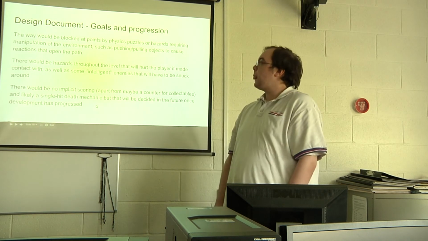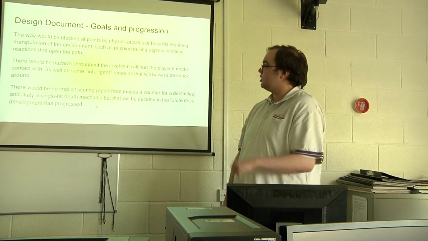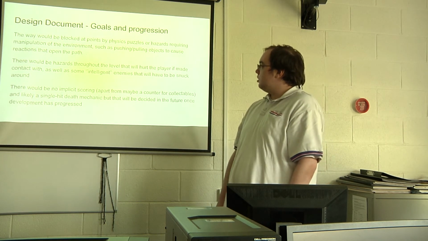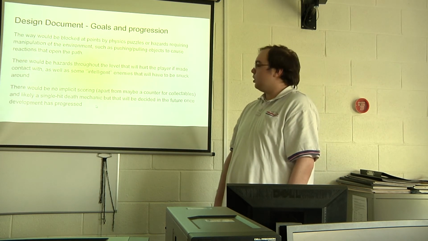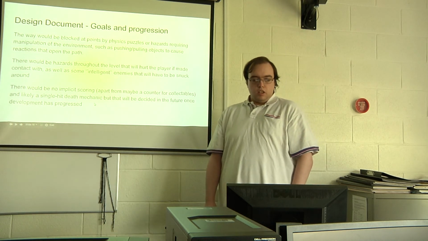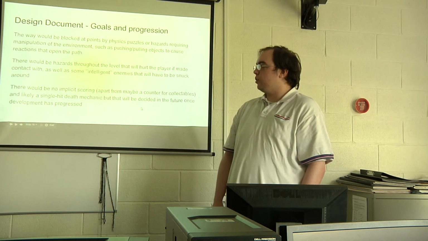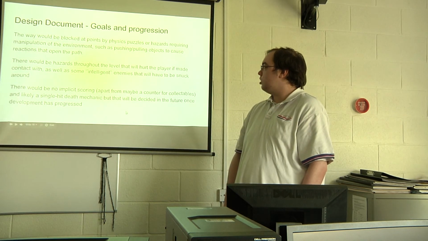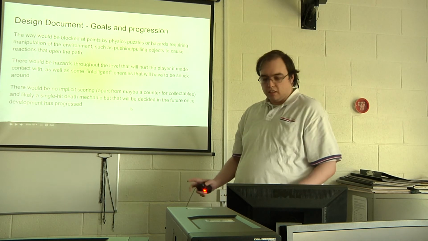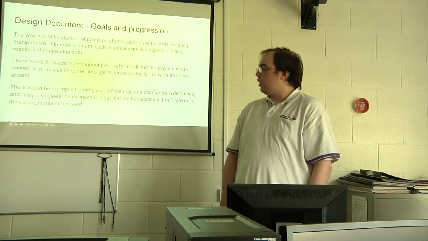Goals and progression: the way would be blocked at points by physics puzzles or hazards, requiring manipulation of the environment, such as pulling objects to cause reactions. Most of the hazards in the game would be environmental hazards, especially in the first level, just to teach the player what's going on, as well as some enemies with AI scripting that will have to be avoided.